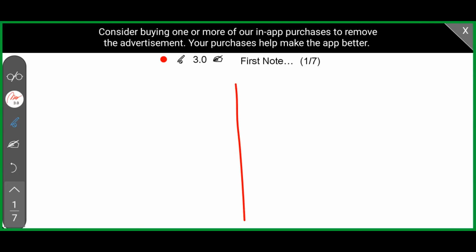For example, if I'm writing here something, anything I can write, right?